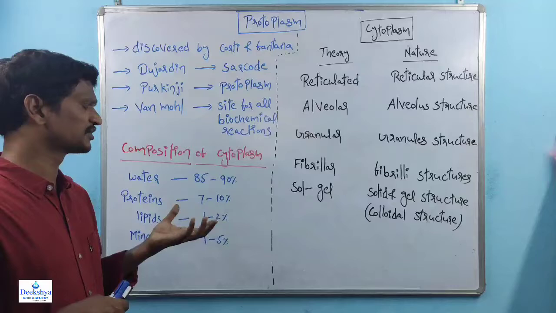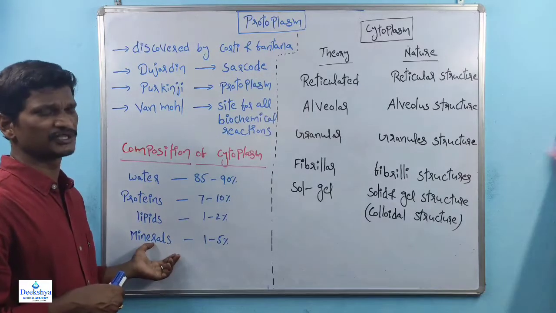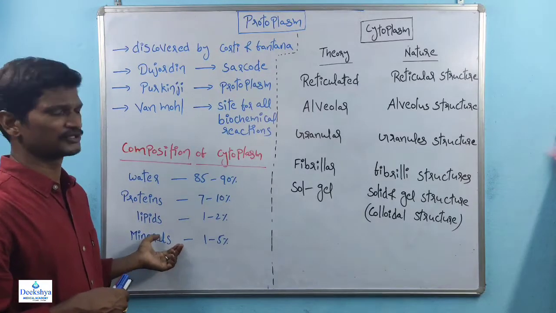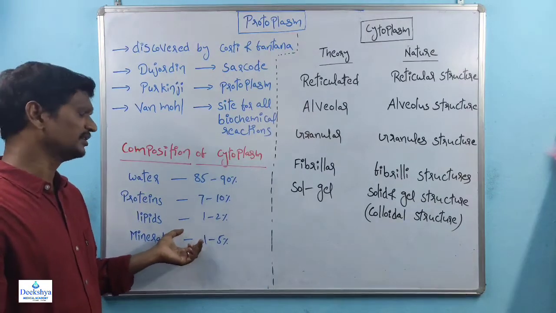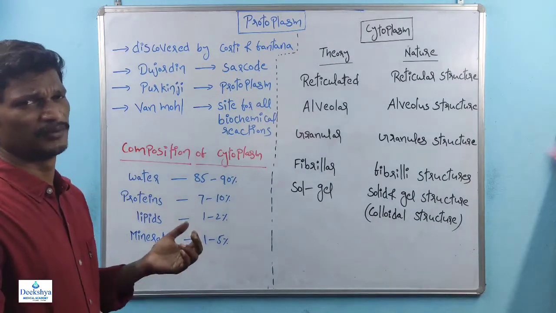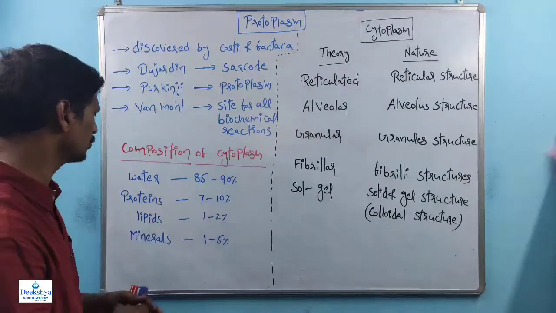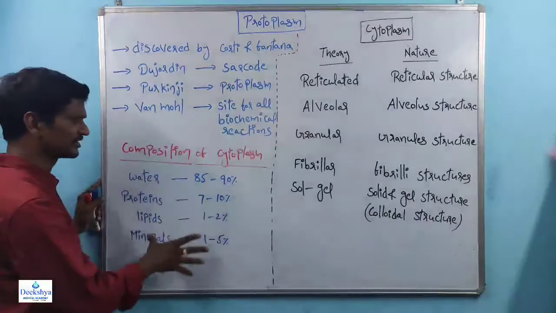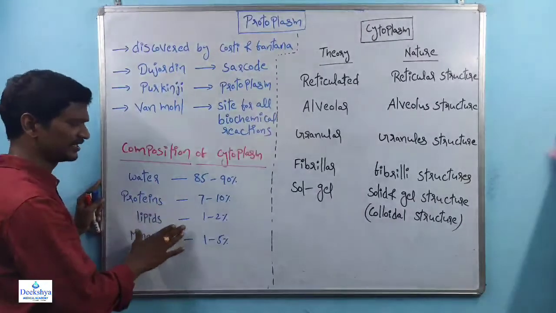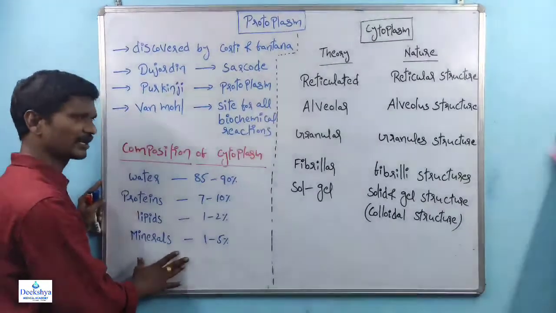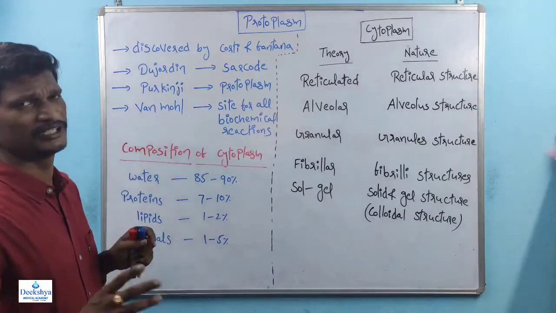In the presence of these minerals, the enzymes work very actively. So this kind of enzymes are called mineral activated enzymes. So within the cytoplasm, the major portion is water, and there are protein, lipid and mineral contents. These minerals are involved in the activation of enzymes, right?